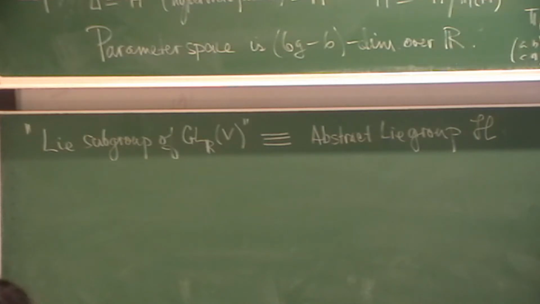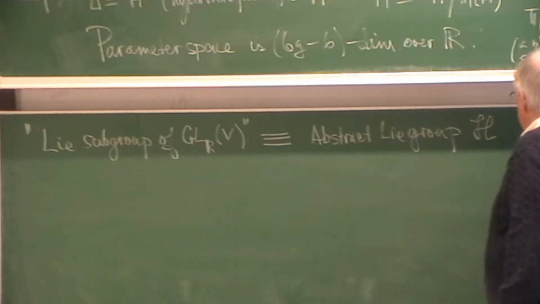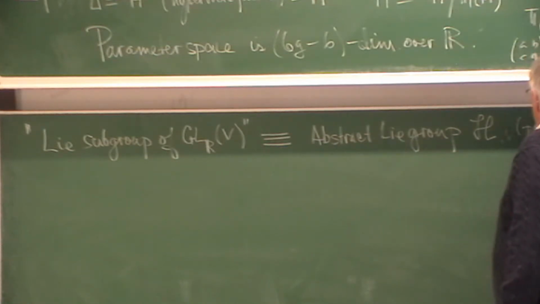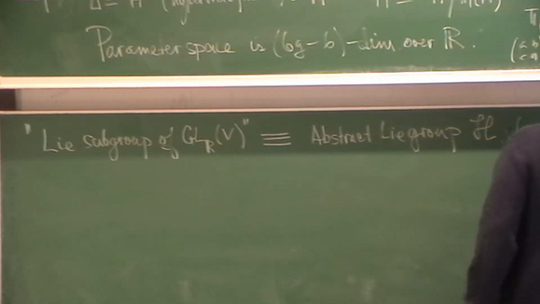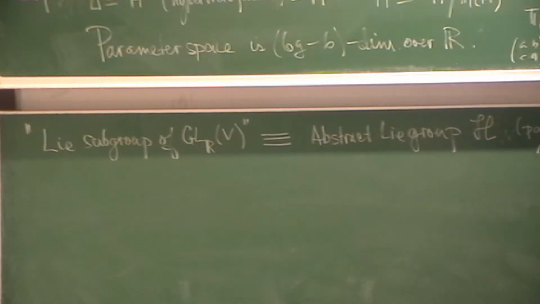But here an abstract Lie group means it is a paracompact manifold with smooth operations, with smooth group structures.